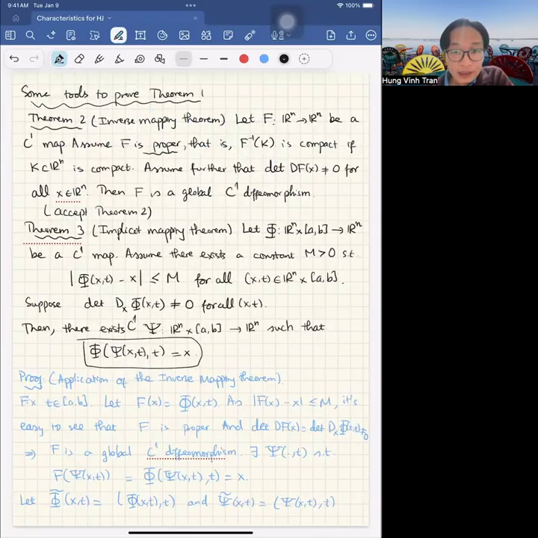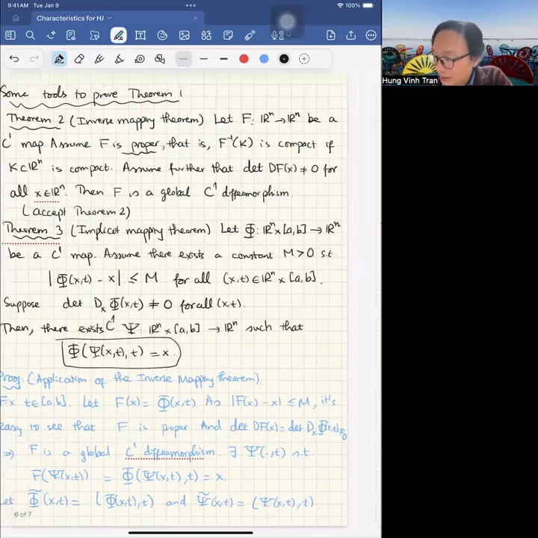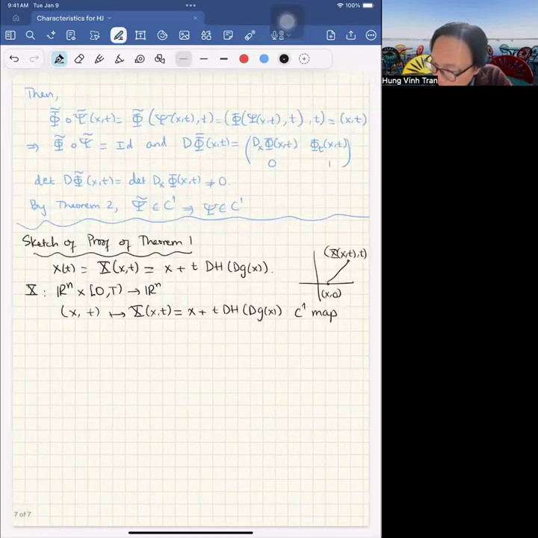That it's bounded by a constant from the identity map is very clear. So I note two things.